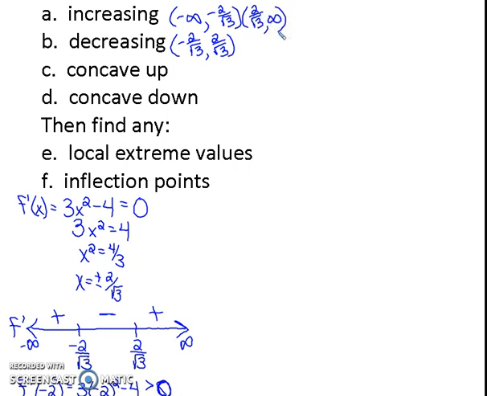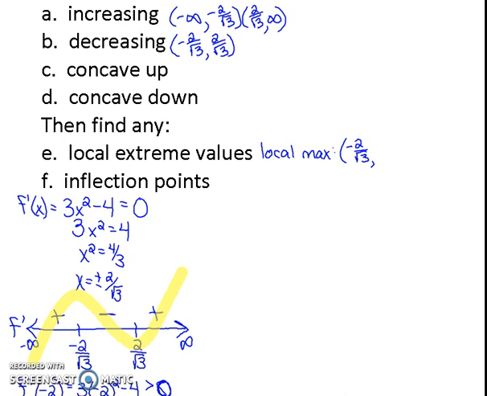The other thing I know are the local extreme values. My original graph would increase, decrease, increase again. So that would tell me that negative 2 over the square root of 3 would be a local max. The x-coordinate is negative 2 over square root of 3, so to get the y-coordinate, I would substitute into the original function.